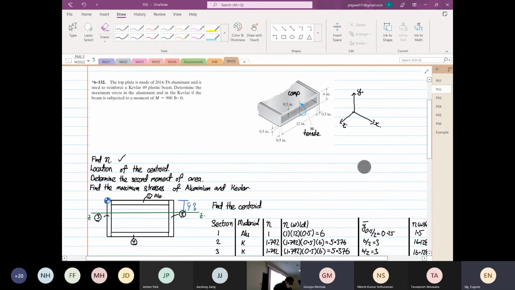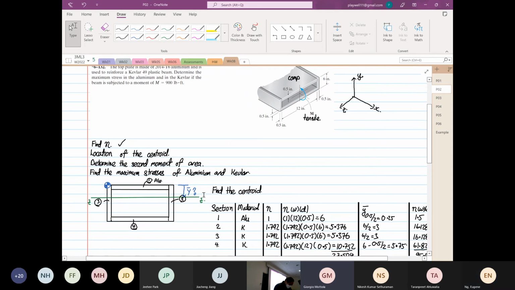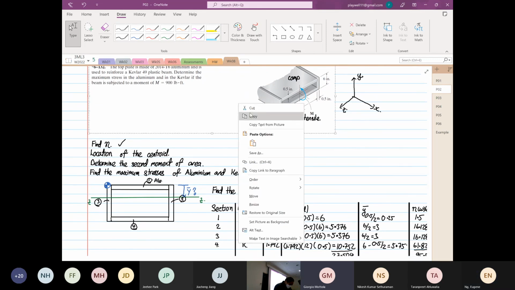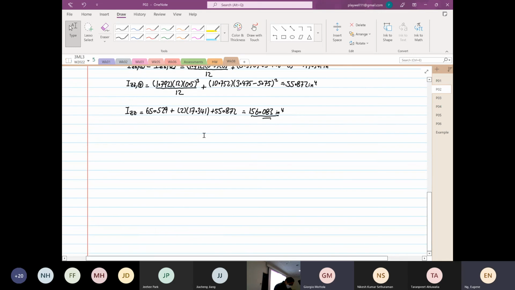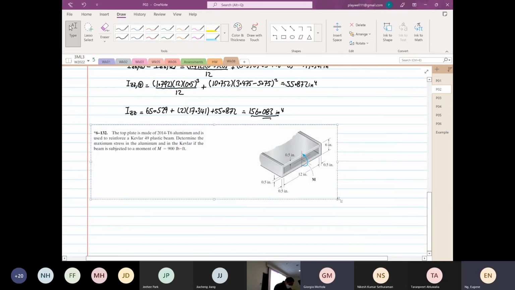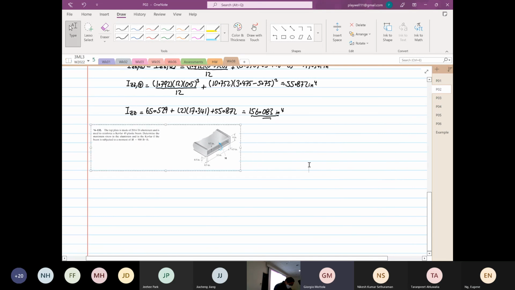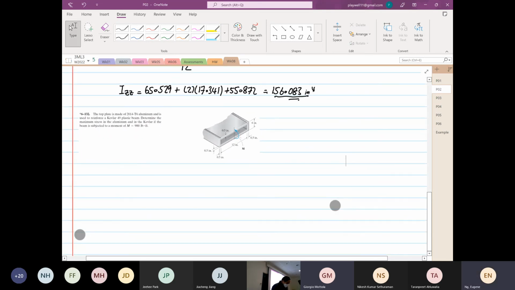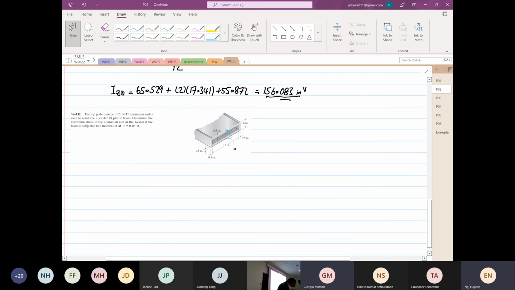So now let me copy this image. Okay. Let me resize the image. Right. So the question asks us for the maximum stress of the aluminum and the maximum stress of the Kevlar.